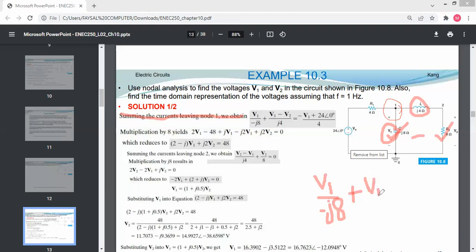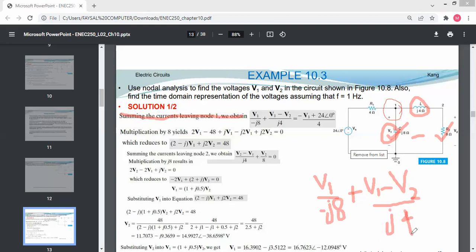So it will be V1 minus V2 divided by the value of the inductance in between my node 1 and node 2, so it will be J4.